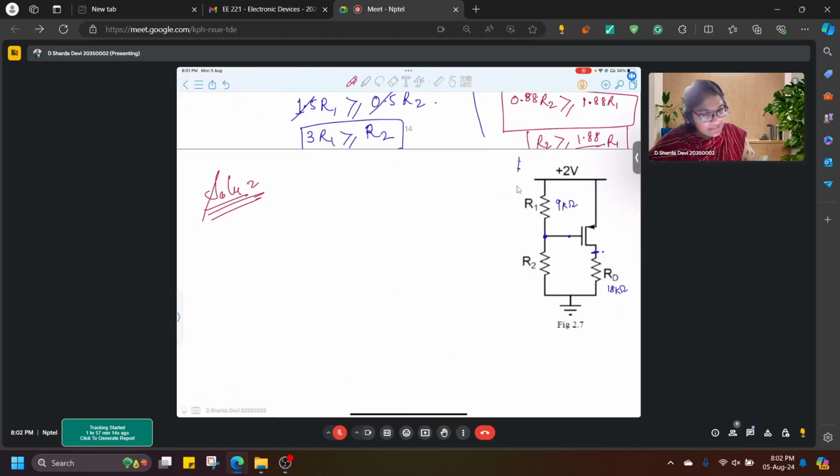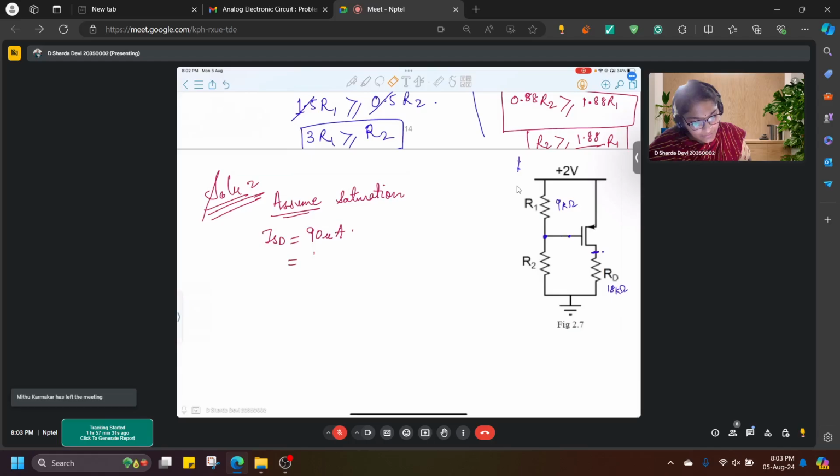If we start by assuming saturation, then ISD is 90 micro amperes. So ISD can be written as Kp W by 2L into VSG minus VTH squared.